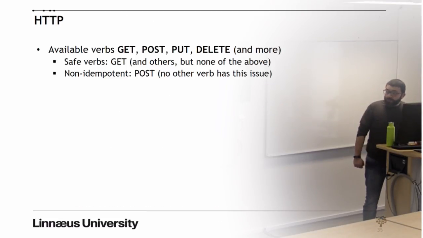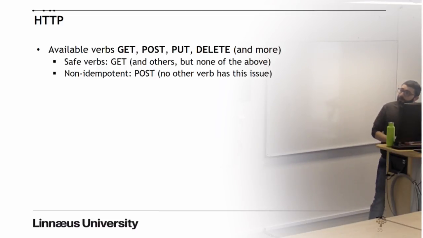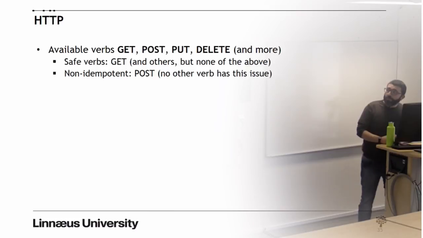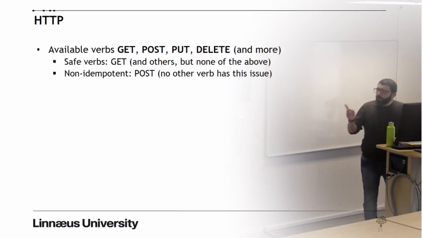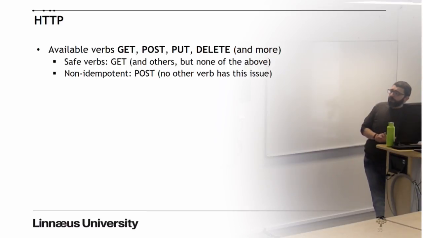It's very important. There are many other operations defined by HTTP, but the most important in our case are GET, POST, PUT, DELETE. Some of them are safe, okay, but we have to pay special attention to the POST method, which is non-idempotent.